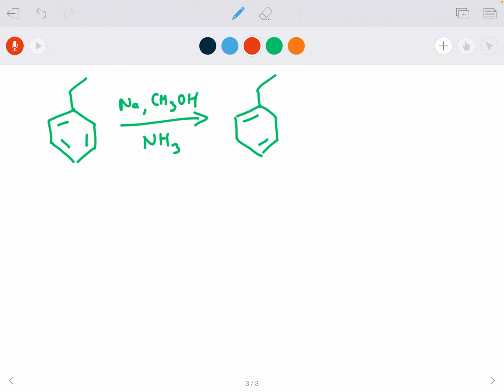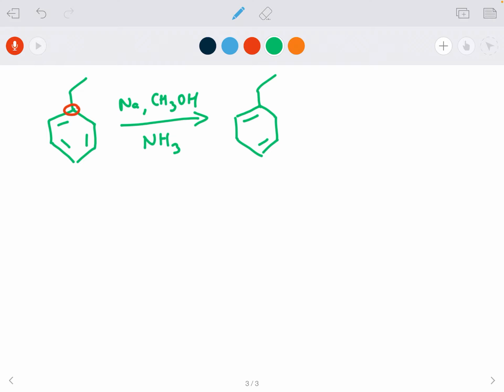I'm not reducing the carbon adjacent to the electron donating group. That's because it's not going to be stable for me to form a radical anion. So to form an anion on a carbon adjacent to an electron donating group, I'm going to have too much electron density then.